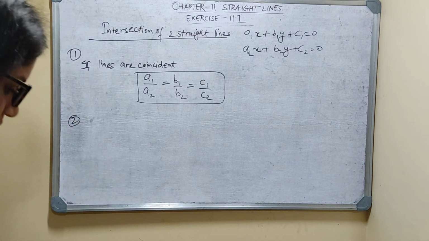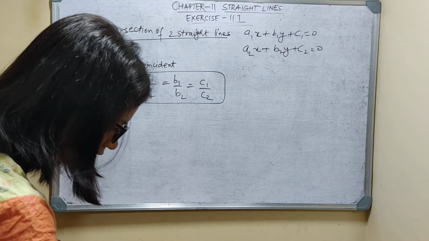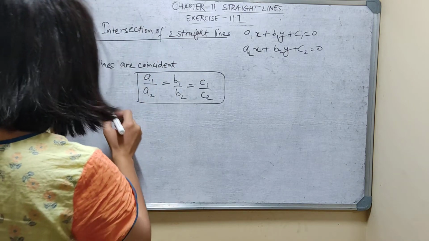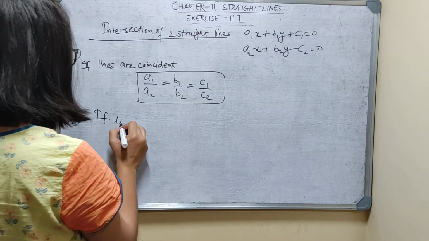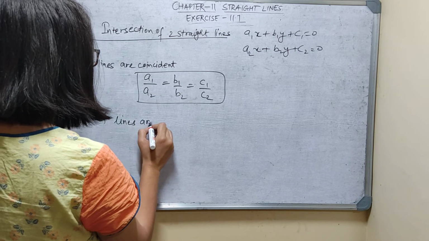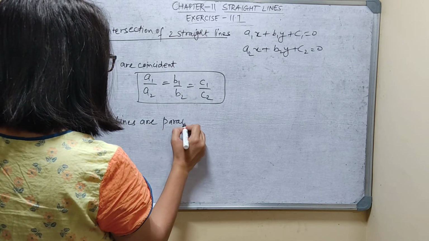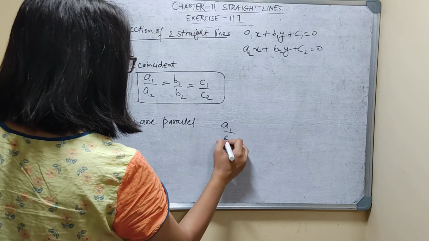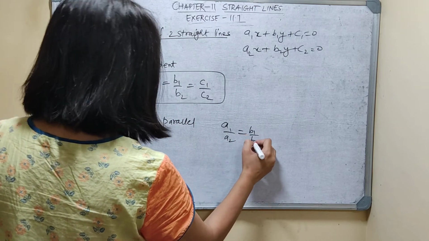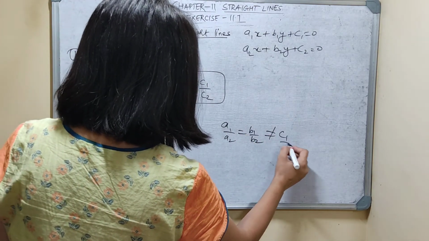Second condition: if lines are parallel. In this case, a1 upon a2 is equal to b1 upon b2, but it is not equal to c1 upon c2.